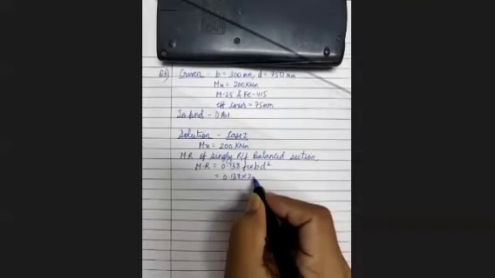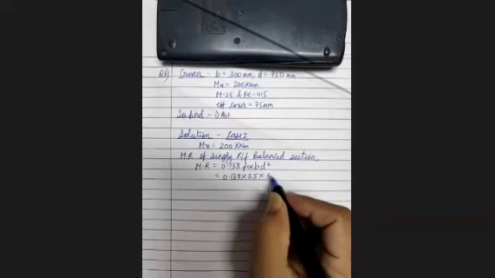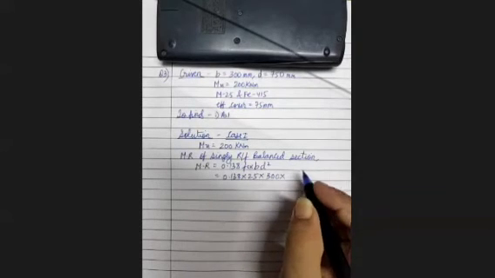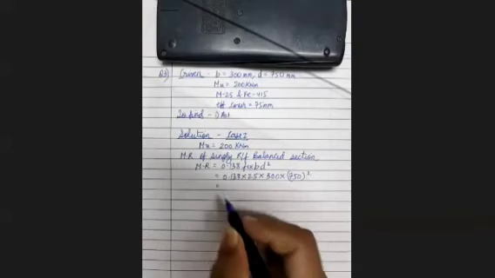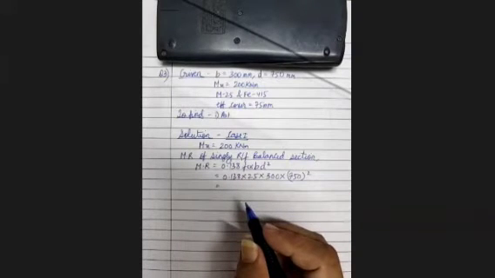Correct. Now give me the value of this. 0.138, fck is 25 and b is 300 and d is 750 square. So this will give me what value?